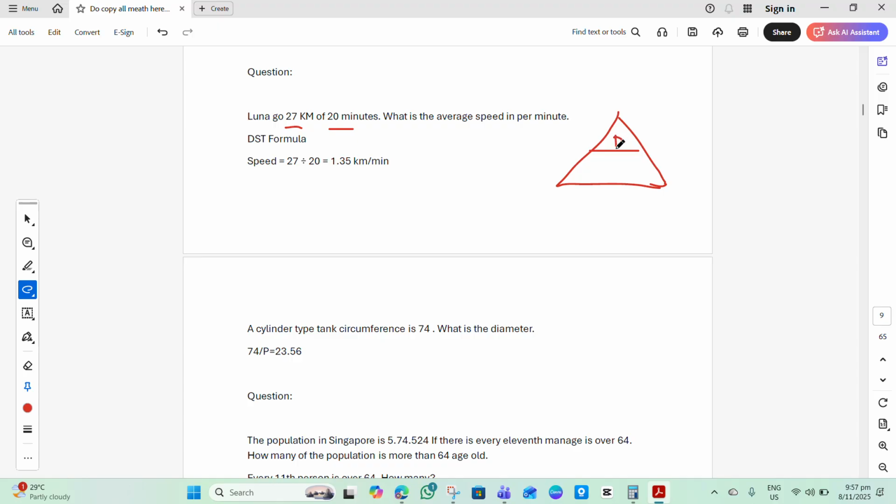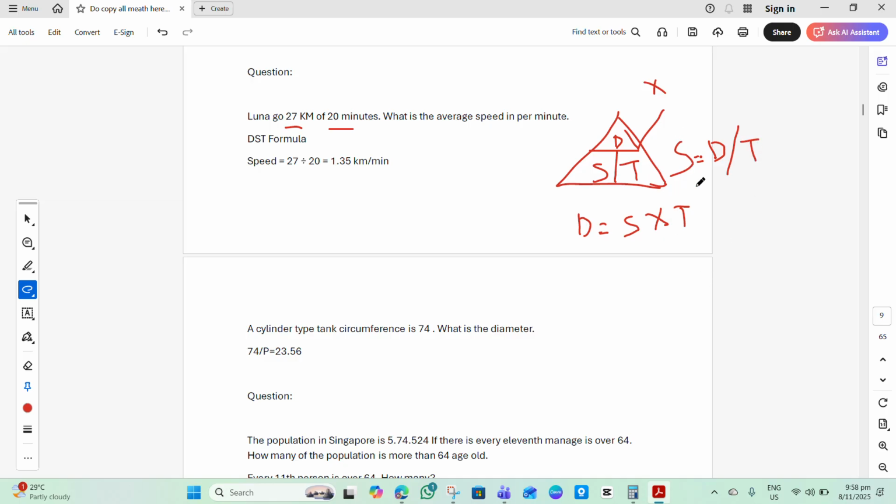Okay, D S T. When asking for the distance, it should be multiplication: distance equals speed multiplied by time. When asking for the speed, it is division: speed equals distance divided by time.